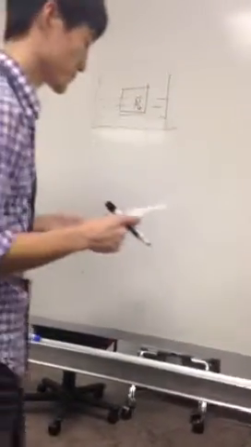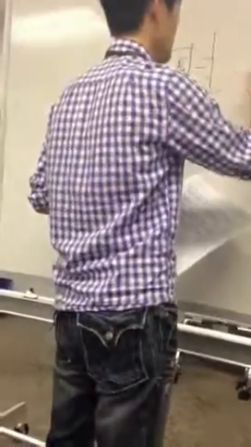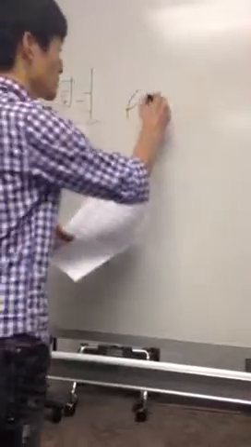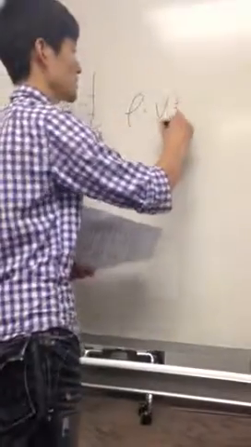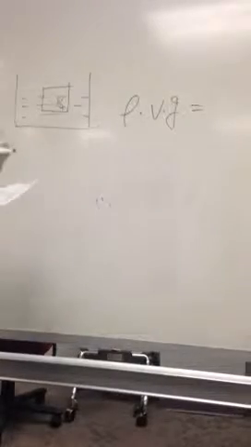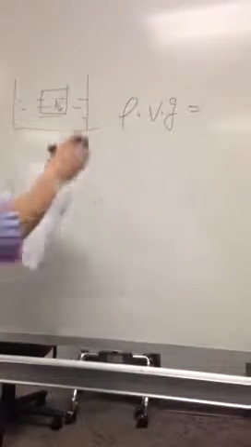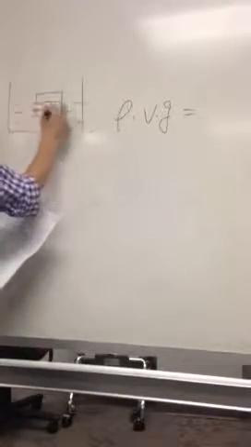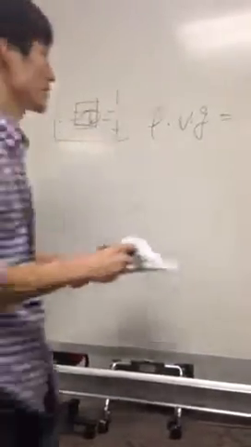So the density of the object times the volume of the object is the mass, right? Times G, of course, is the weight of this object. It should be the weight of the water here, right?